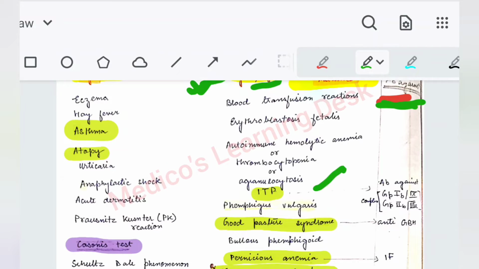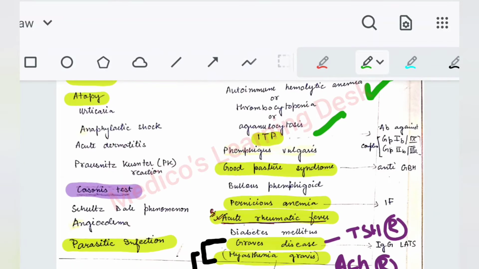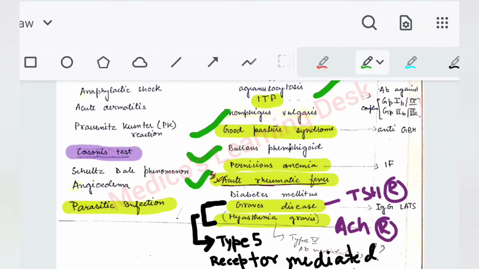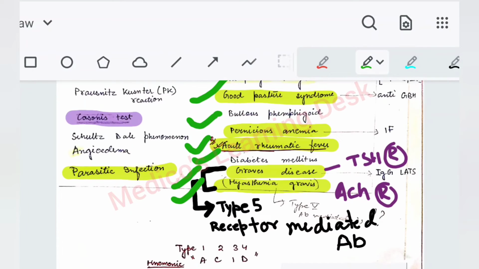ITP will be there, autoimmune hemolytic anemia will be there, Goodpasture syndrome will be there, pernicious anemia will be there, acute rheumatic fever will be there, diabetes mellitus also there, and Graves disease and myasthenia gravis. You remembered it here also, but now these two diseases are shifted to type 5. Okay, why in type 5?